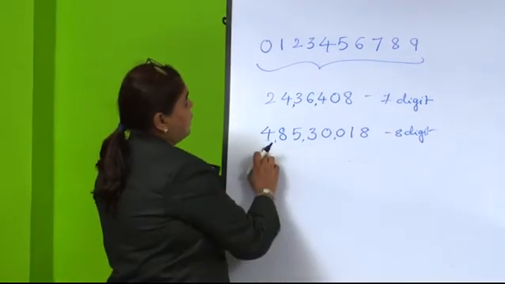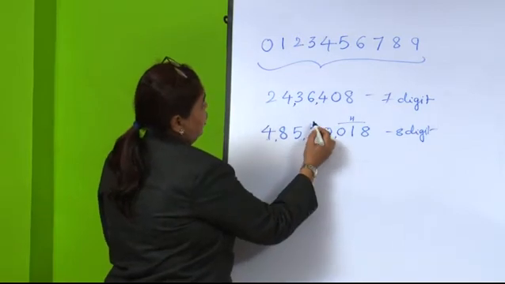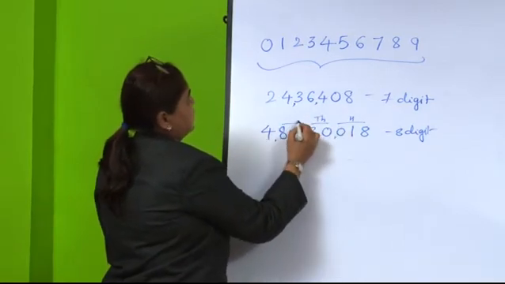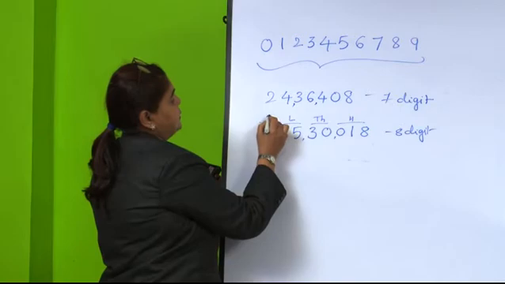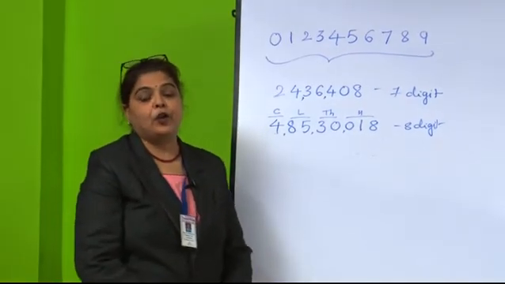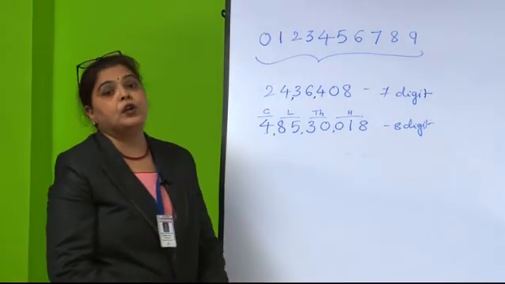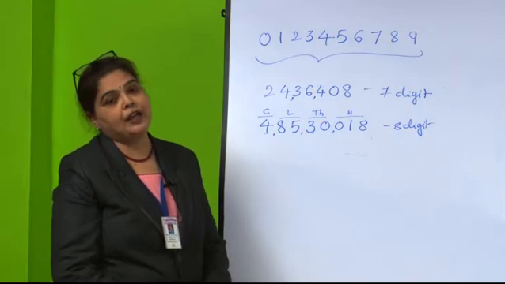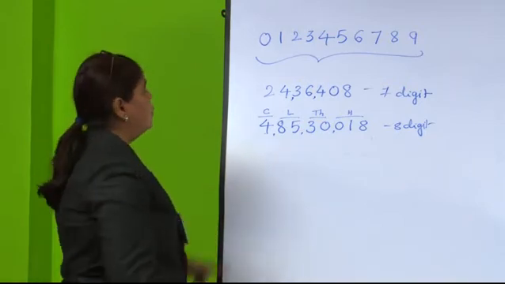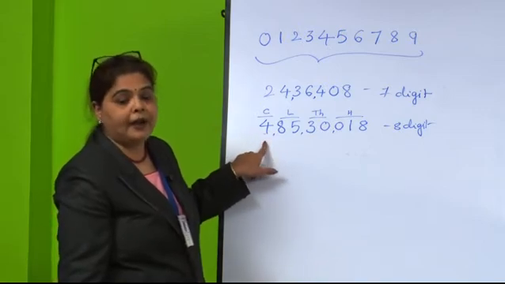So now this is your hundred, this is your thousand, this is your lakh, and this is your crore. Yes, my children, because today we are learning with 8 digit or 9 digit numbers which are in crores. So now we can read as well as write this number.